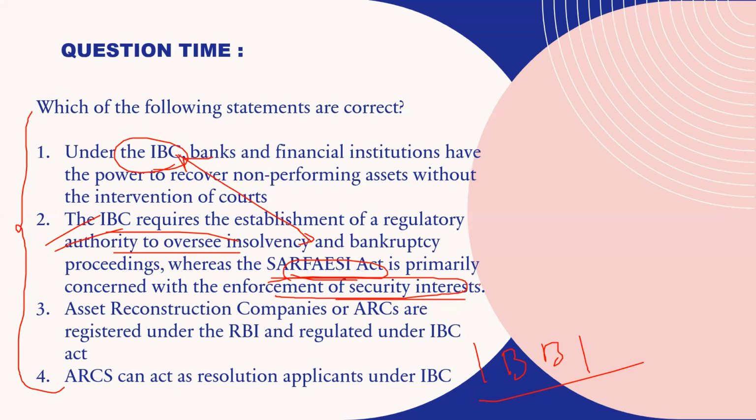Like for example, let us say you have taken some loan from a bank. So generally, what do you give to the bank when you take a loan? Before you go and apply for a loan, a bank will just not give you a loan. They'll ask for something. What is it called?